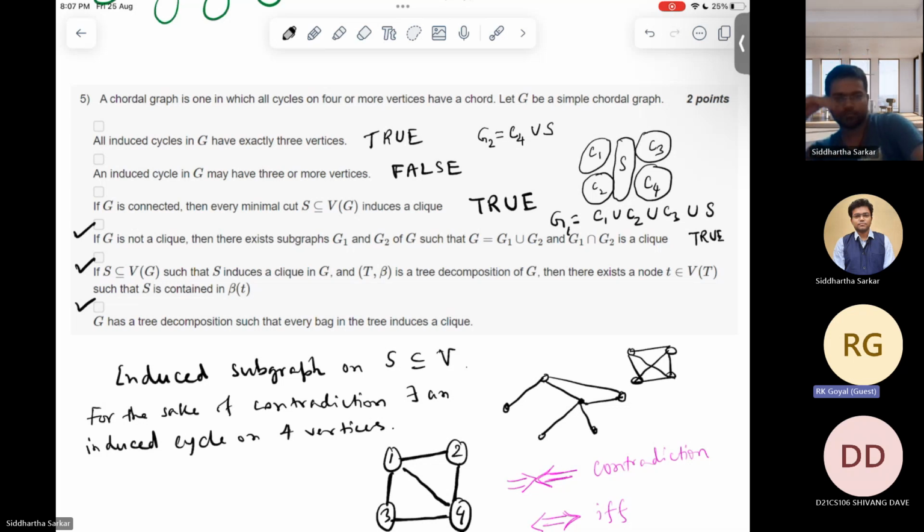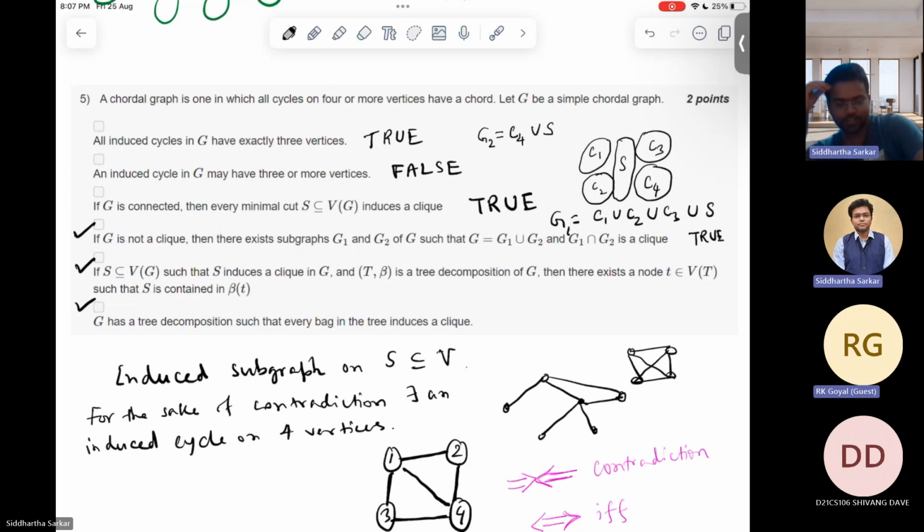Just now, in the beginning of the session, we saw that the bag would be of length, say, n minus 1, and therefore this is true.